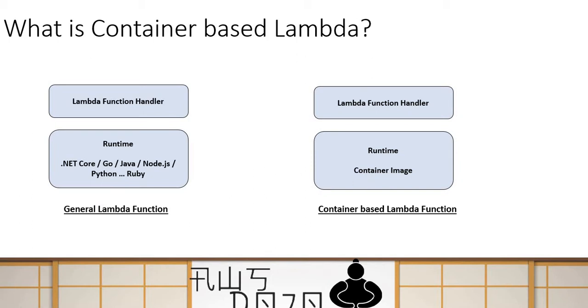So you can create your own container image, bring your own runtime, and on top of that runtime, you can run your function handler just the way you run a function handler in a normal Lambda function. So it's pretty straightforward. The primary difference is that in case of a container-based Lambda function, you can bring your container image as a runtime.